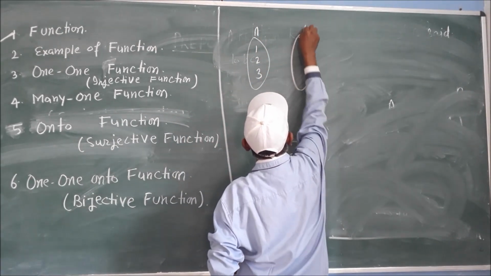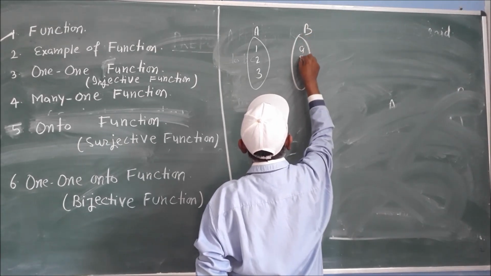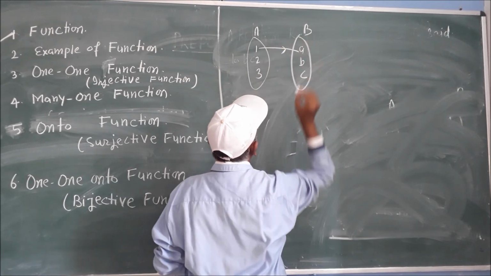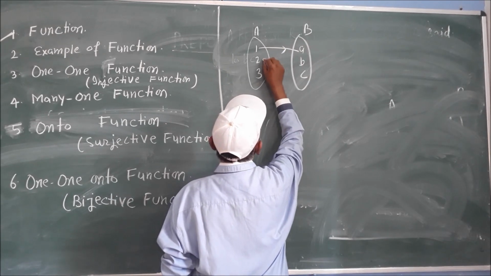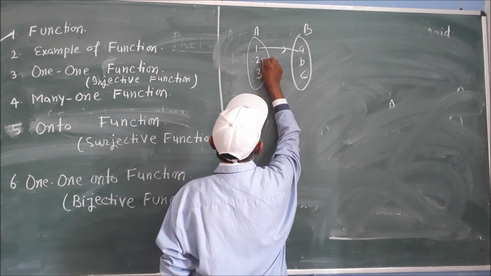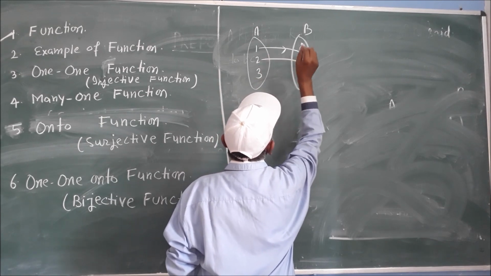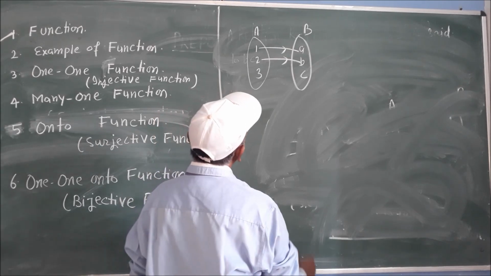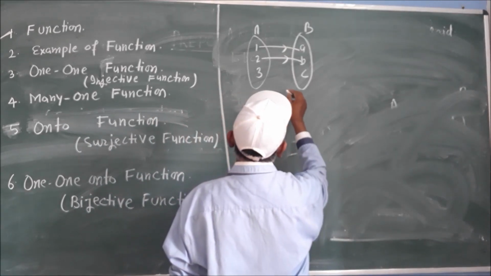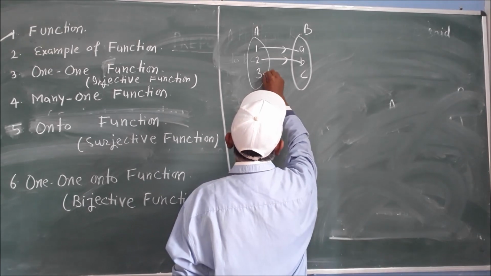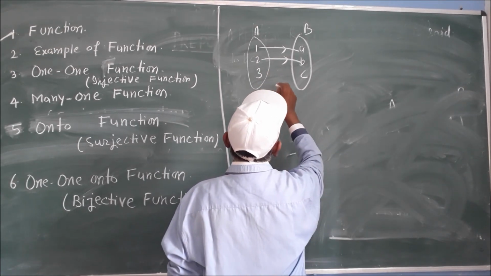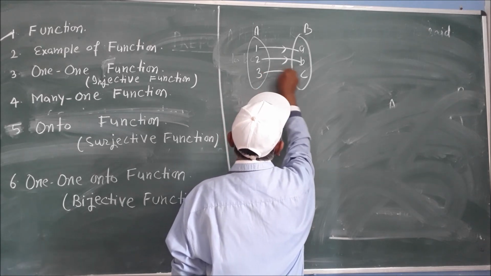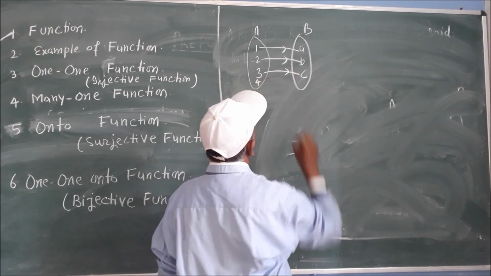And here is another set B. Its elements are A, B, C. 1 has image A, and 2 has image B. And 3 also has an image. And here is an element 4.